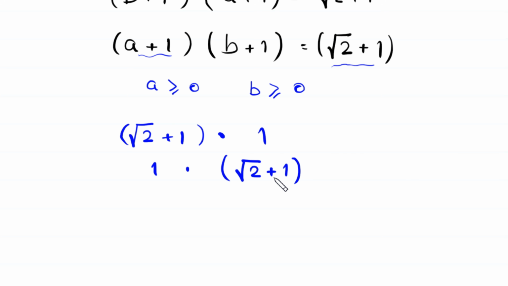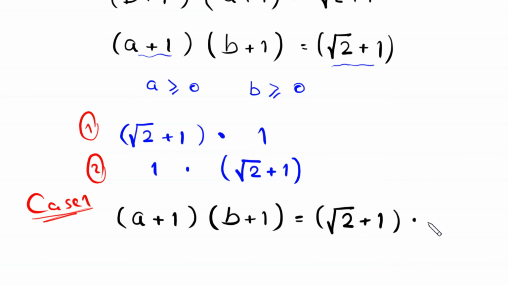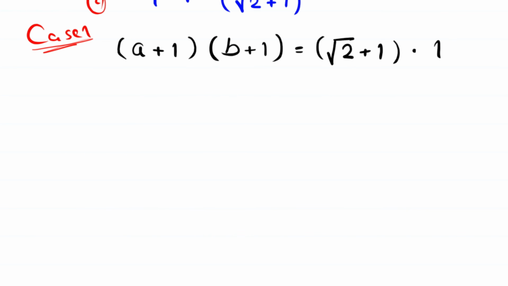It means that we have two cases. This is case 1 and this is case 2. First we solve case number 1. In case 1 we write these factors a plus 1 times b plus 1 equal to root 2 plus 1 times 1. So a plus 1 will be equal to root 2 plus 1 and b plus 1 will be equal to 1.